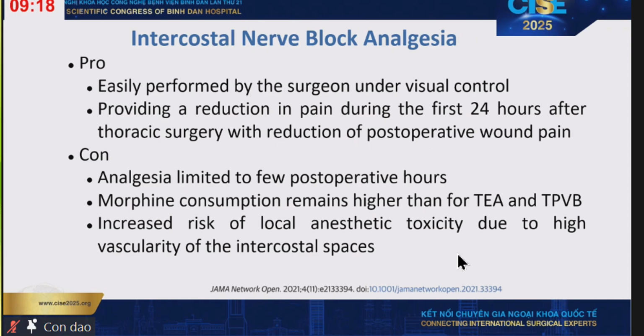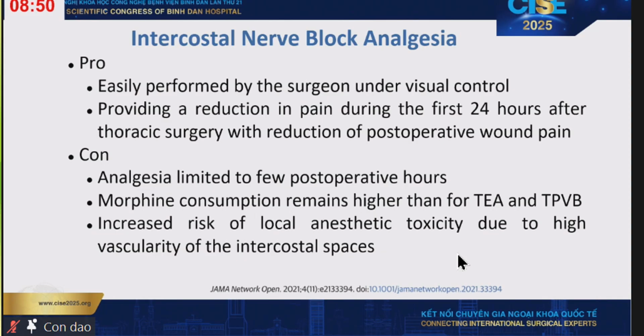Intercostal nerve blocks. Intercostal nerve blocks are easily performed by the surgeon by injecting local anesthetic directly into the intercostal space during surgery. They can also be performed by the anesthesiologist under ultrasound guidance. The block provides significant pain relief in the first 24 hours postoperative, particularly for parietal pain.